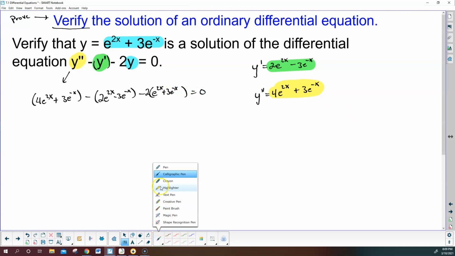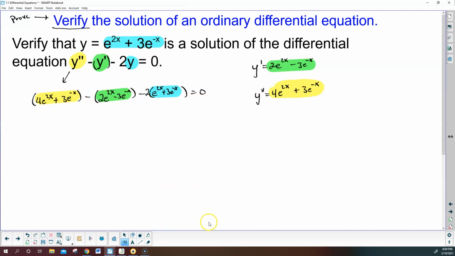Now, just to make this appear a little nicer, where did these values come from? Those are the things we found: the original function, the first derivative, the second derivative. And then it's just simplifying.